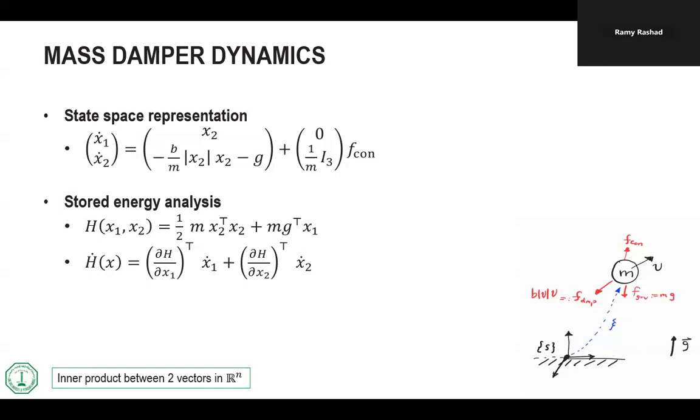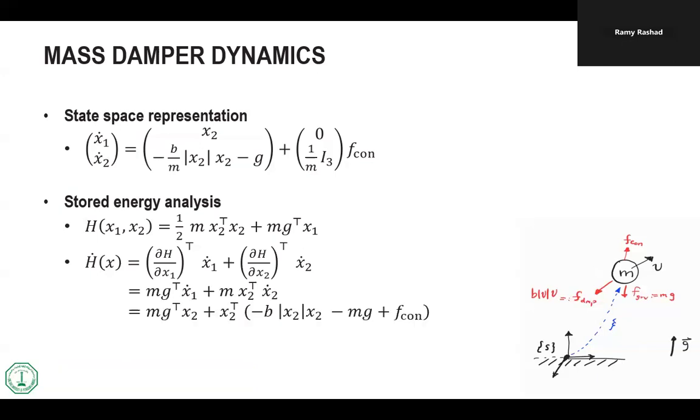You just plug in the x1 dot and x2 dot from the dynamics that you had, and you have something like this. The gradient of h with respect to x1 is mg transpose. The gradient of h with respect to x2 is simply m x2 transpose. You just need to work that out if it's not clear, and in the end, you reach this equation.